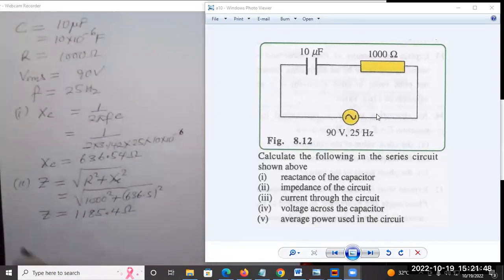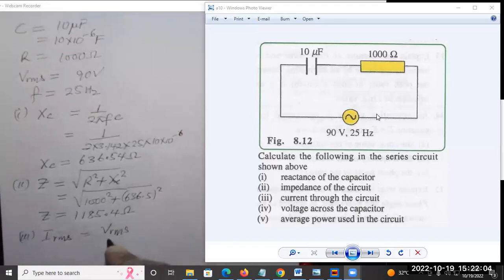Let's look for the current that flowed through the circuit. The current flowing through the circuit will be the root mean square current, which is the source root mean square voltage over the impedance of the circuit.